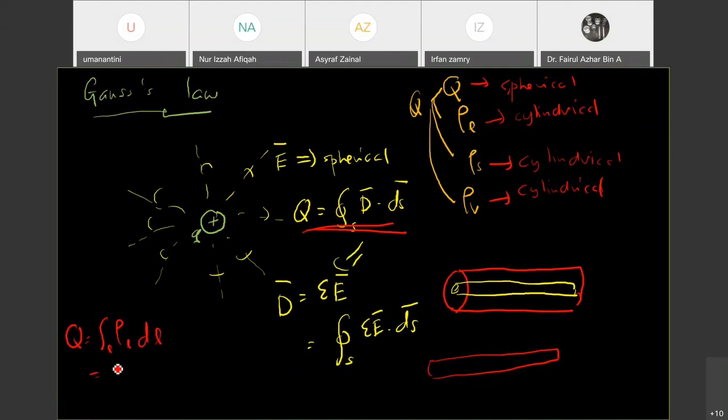Ataupun dalam surface integration rho S dot ds. So kalau volume, volume integration rho V dot dv. So what is the expression for dl, ds and dv depends on the coordinate system that we choose lah, depending on the characteristic of the charge itself.